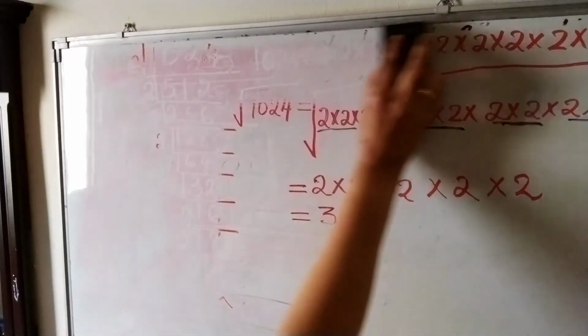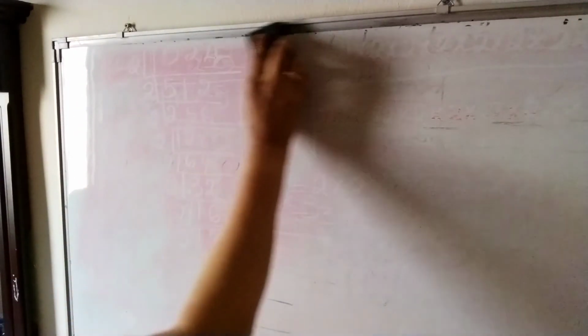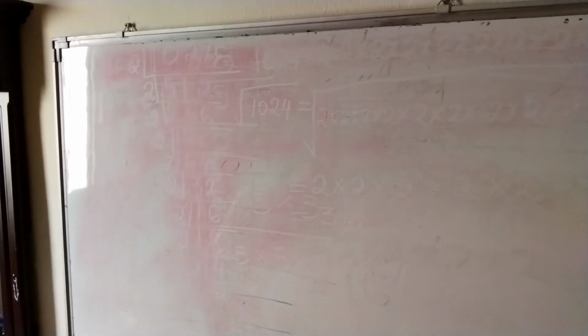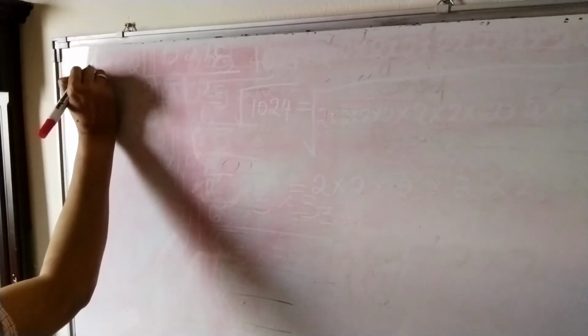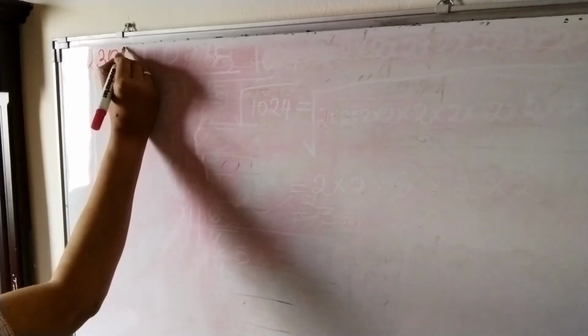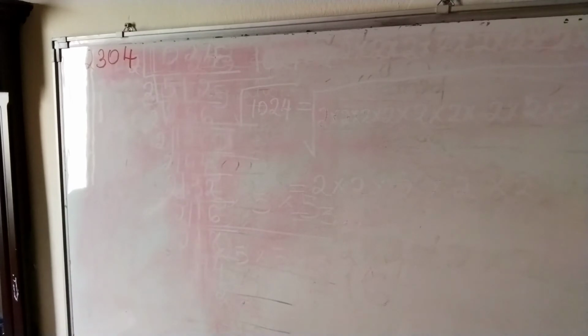One more example we have to write. Okay, let's do one more problem. For a number, you always start with the smallest prime number.